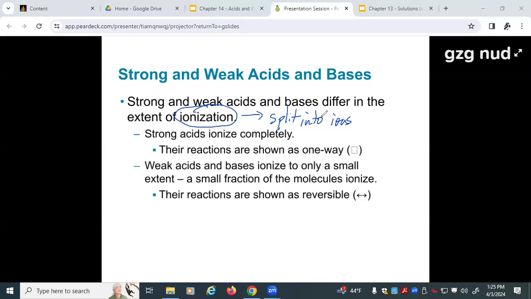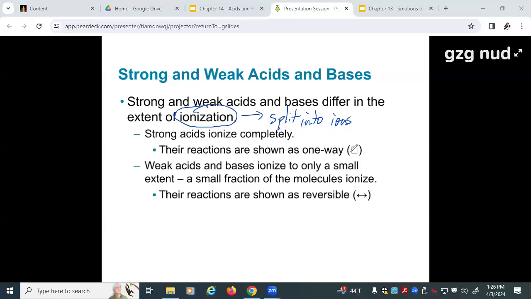We can use ionization, we can use electrolyte capability as a measuring stick for how strong or not strong a particular acid or base is.